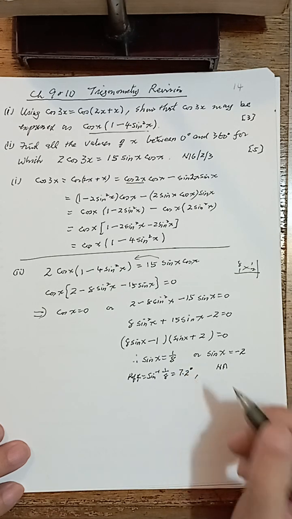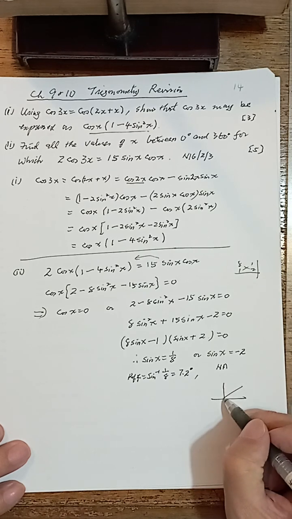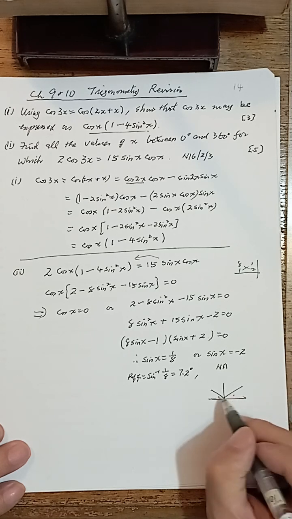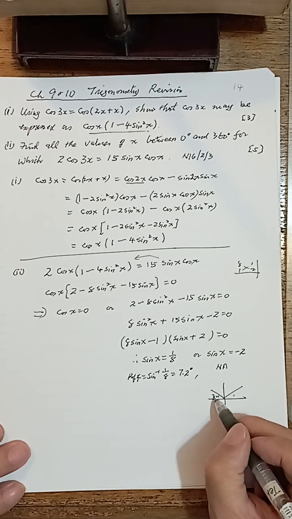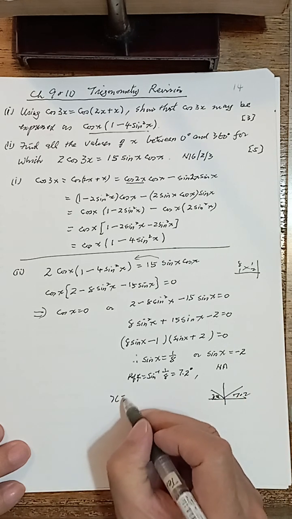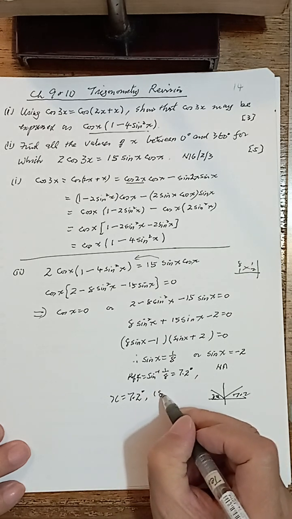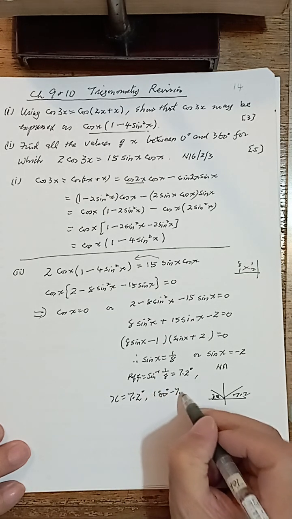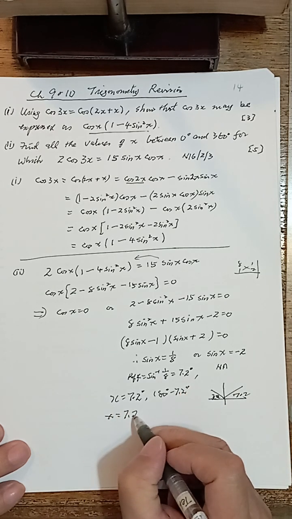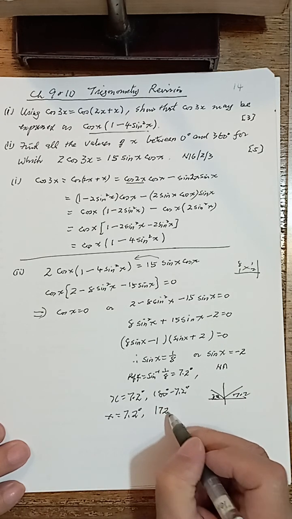And you know the angle is in the first and the second quadrant, since sine is positive in the first and second quadrant. So x will be equal to 7.2. Next angle is 180 minus 7.2, so x will be equal to 7.2 and the other one is 172.8.